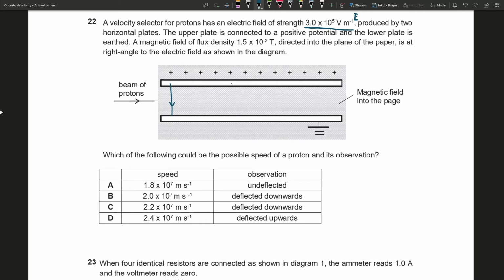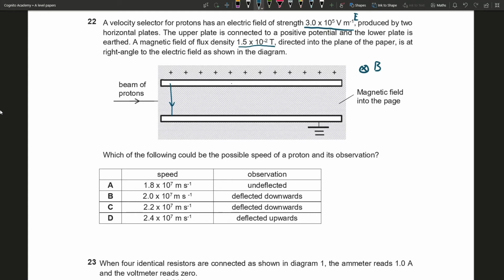Next, a magnetic field of flux density 1.5 times 10 to the power of minus 2 Teslas is directed into the plane of the paper. So this is our B field, at right angles to the electric field as shown in the diagram. If we use Fleming's left-hand rule, your thumb is the force, your index finger is the magnetic field, and your middle finger is the current.